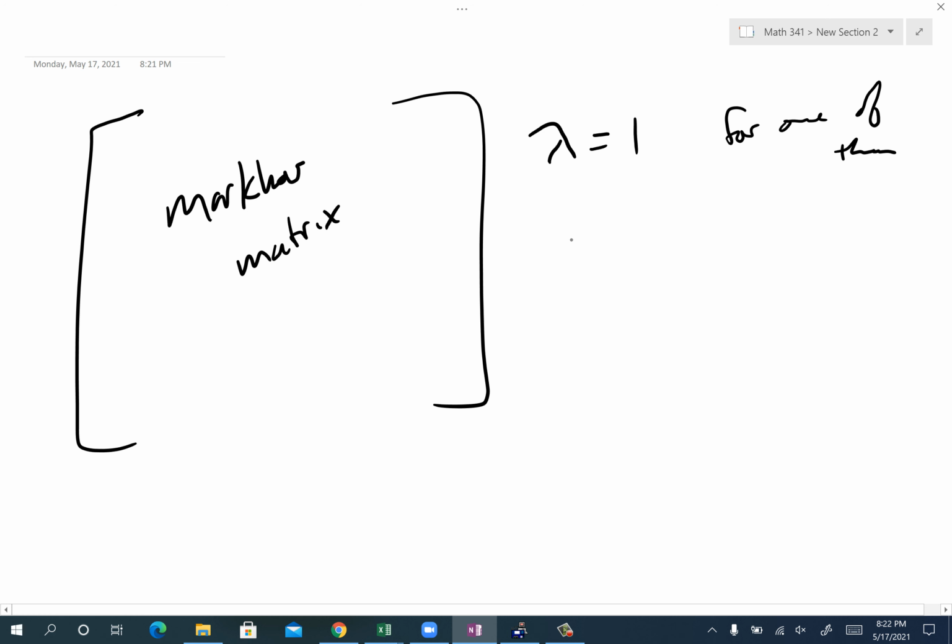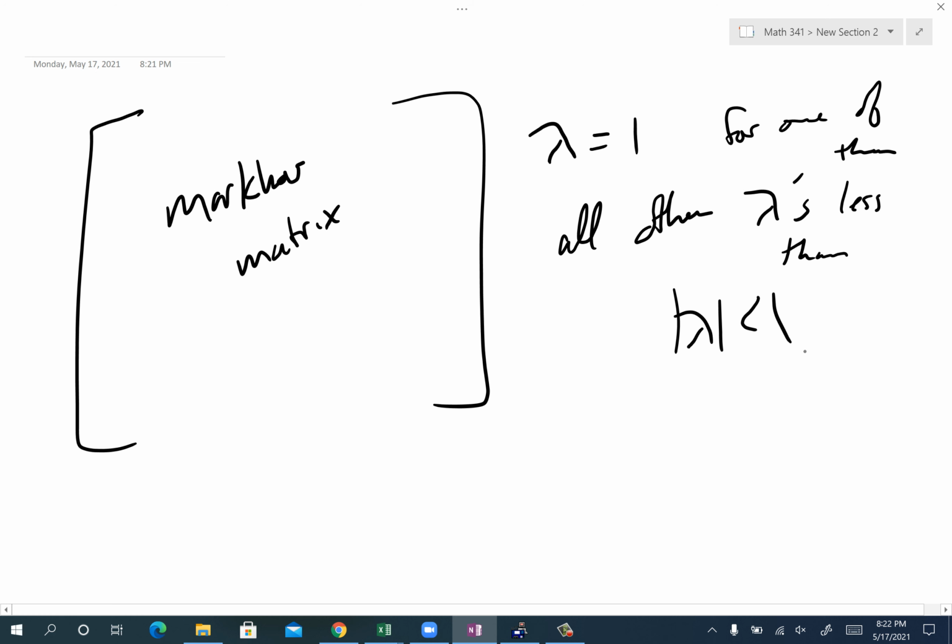The rest of them, all other lambdas, are less than 1. And specifically, the absolute value is less than 1. Okay? Meaning that they can be anywhere positive or negative, but they're decimals. This is a big deal. That is a huge deal.